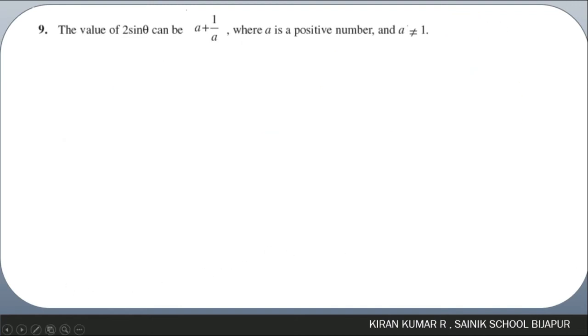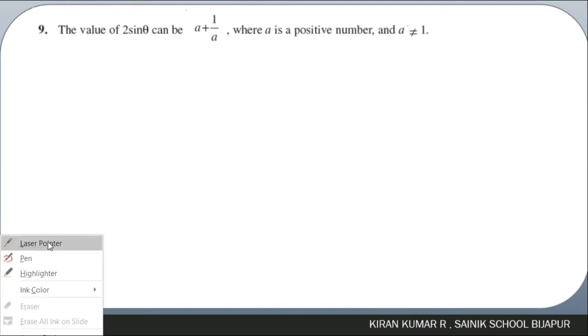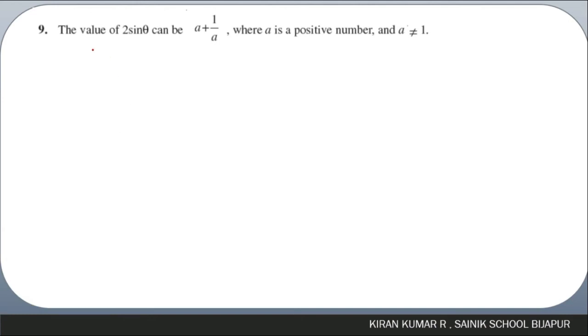Since you are not aware of arithmetic mean and geometric mean, I would like to explain the same question in a different method. For that, I'll consider a is a positive number. So you have given that a is a positive number and a is not equal to 1. So a can be greater than 0 except 1. It is true for all values of a more than 0 except 1.